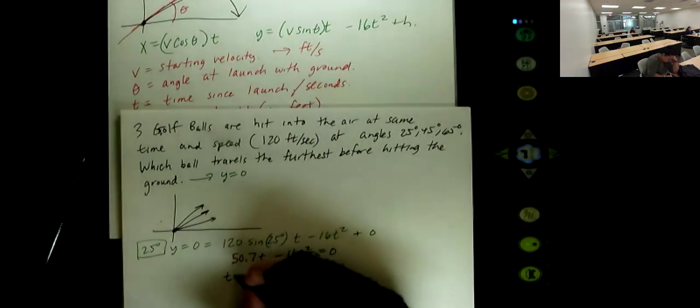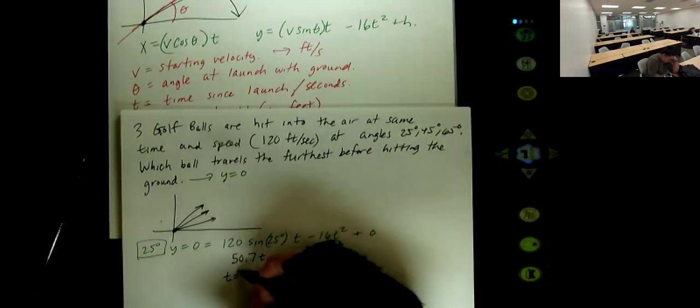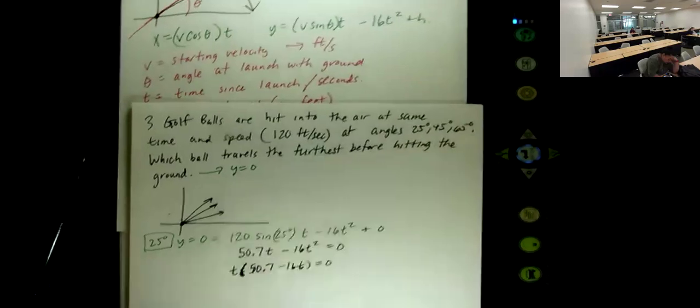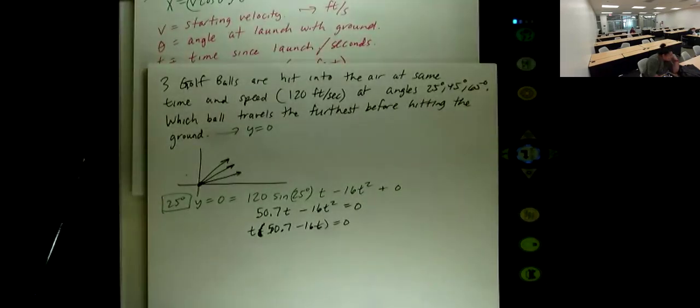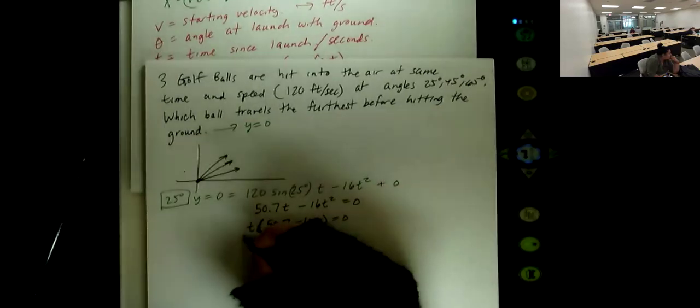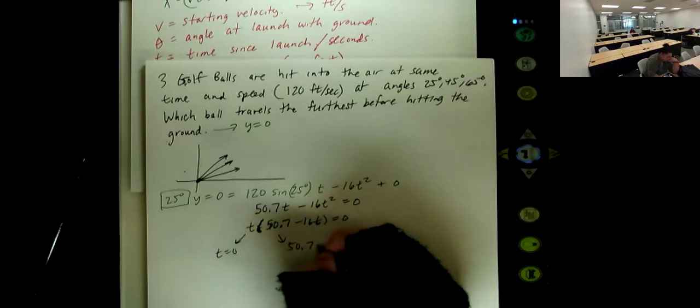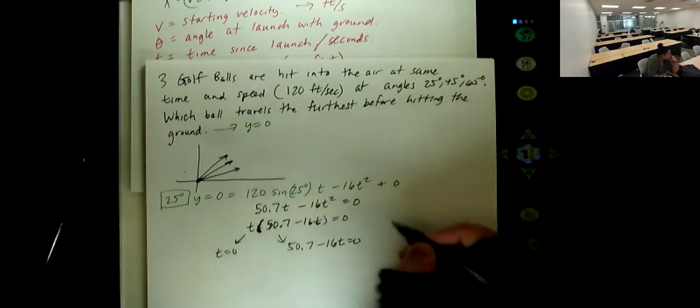If I factor out a t, I get t times (50.7 minus 16t) equals 0. This is t equals 0 or 50.7 minus 16t equals 0.